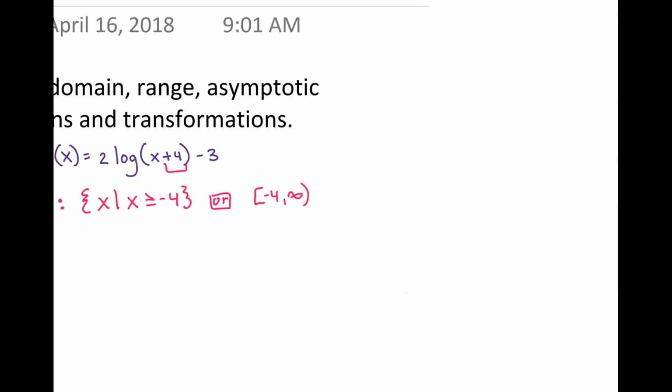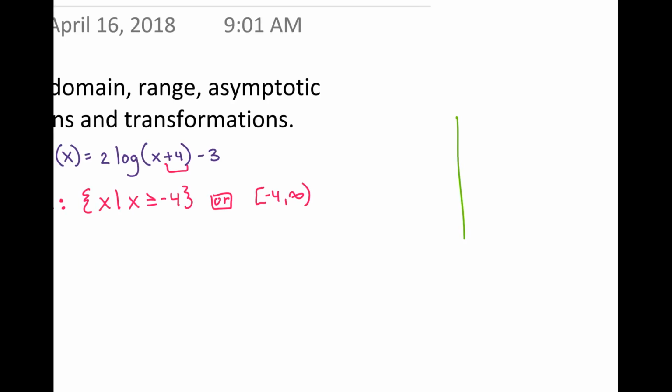And when you graph exponential, it looks something like this, where this approaches, gets closer and closer and closer to 0, but never touches it. For some reason, when you graph logs, so this is my log function, it's the direct inverse.